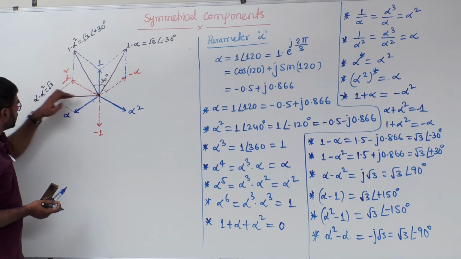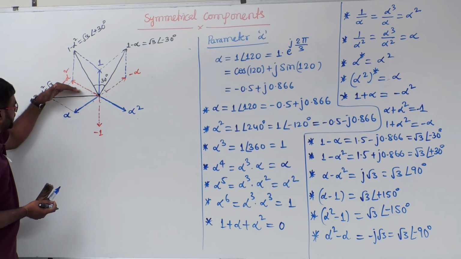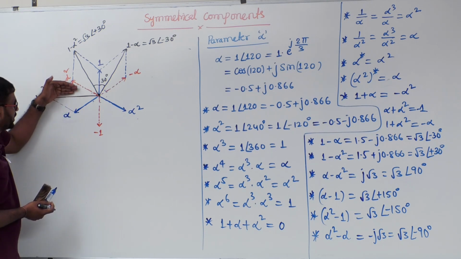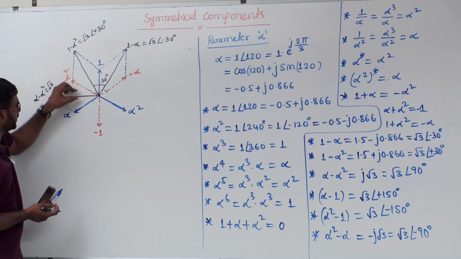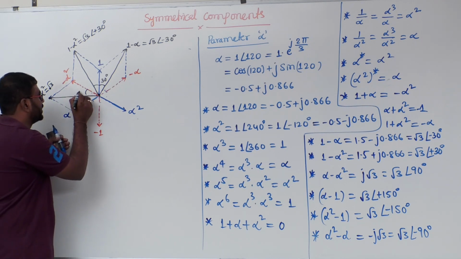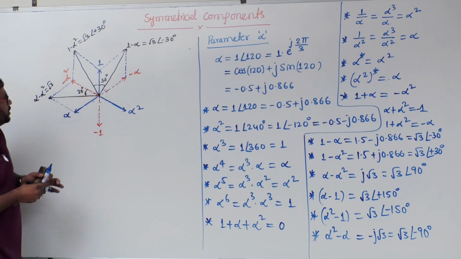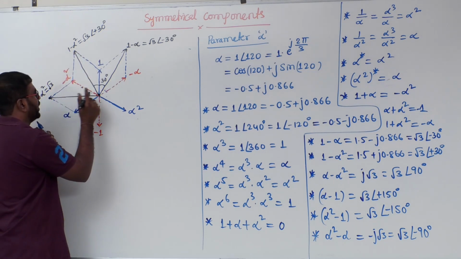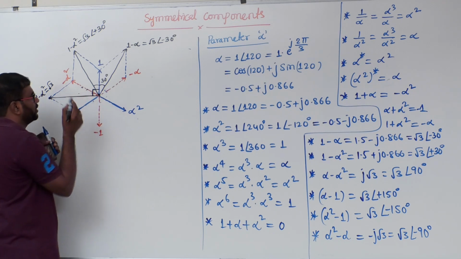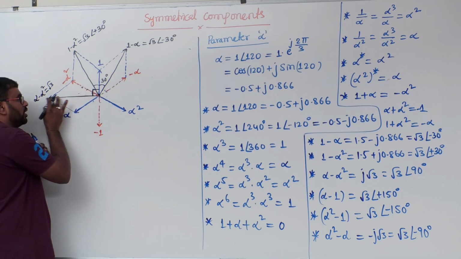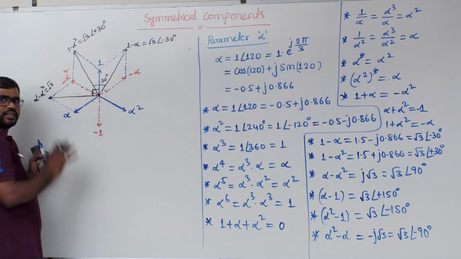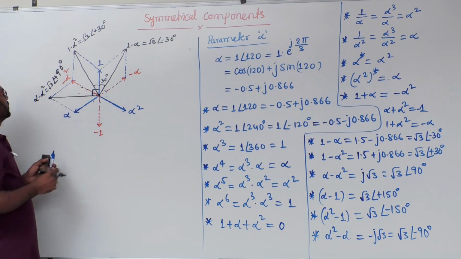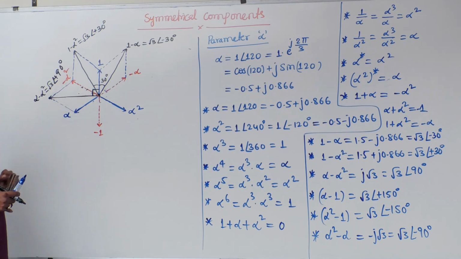I am talking about this resultant vector in between, it splits this region into equal parts, because the magnitude of this is same. That's why this region is equally divided. This angle 60 means here 30, here 30. Okay, now this is 30 degrees, fine. If this is 30, then what? This is 60. That means total is what? 90 degrees. That's why, simply from 1, what is this angle of this vector from 1? 90 degrees. So that's why I can write root 3 at an angle plus 90 degrees.